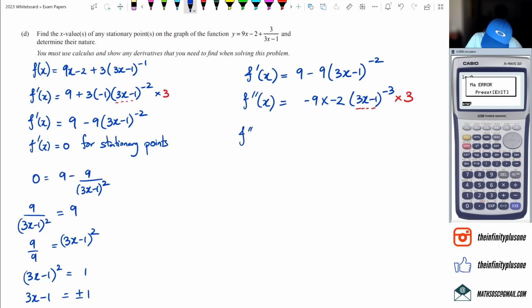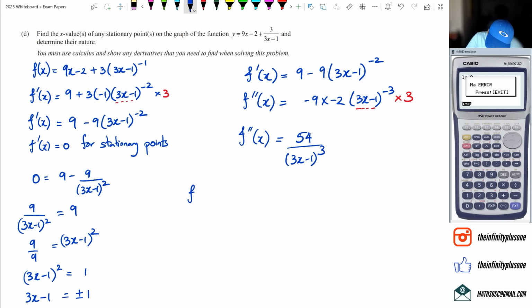So f''(x) is 9 times 2 times 3, which is 54, and the (3x - 1) to the power of 3 gets in the denominator. So this is pretty much my equation for f''(x).